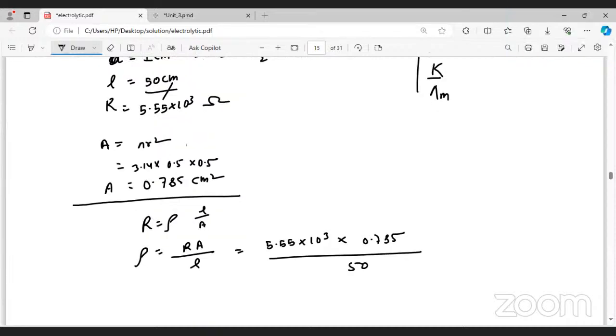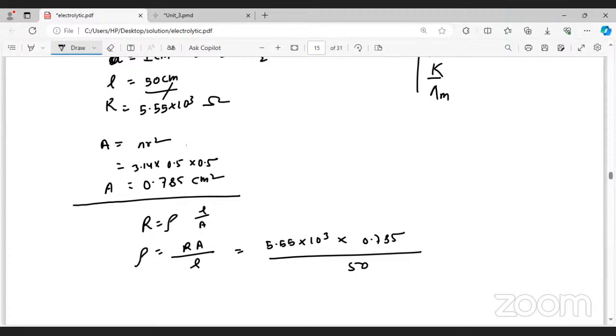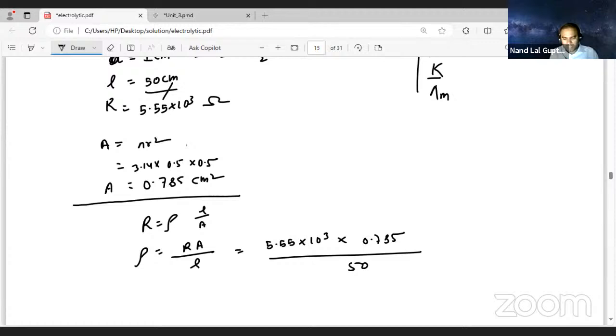Now you solve it out, please. 5.55 multiplied by 0.785 divided by 50, it is coming 87, so how much?